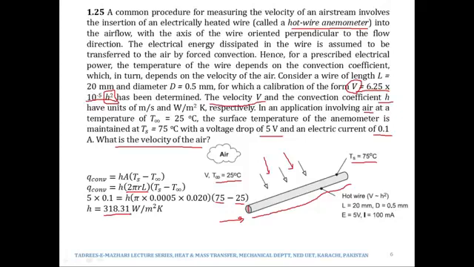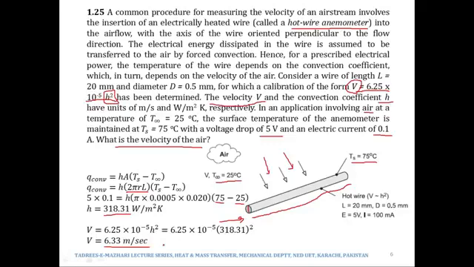We will then put this value of h in the expression 6.25 times 10 to the power minus 5 h square, and we get the velocity as 6.3 meters per second. So the instrument will show us the velocity of 6.3 meters per second, but how does it calculate the velocity of air as 6.3 meters per second?